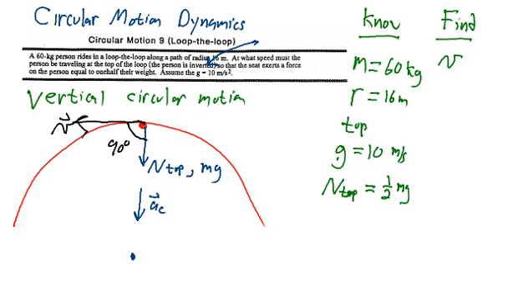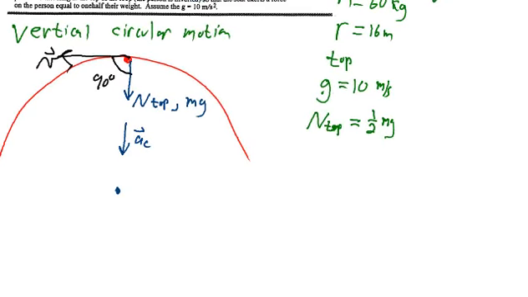Alright, so let's go ahead and try to apply Newton's second law and some of the information that we know about circular motion dynamics in order to figure out what the speed is of the ride so that the condition happens that we were asked to find. So the normal force at the top is equal to 1/2 of the weight. Alright, so I'll write down Newton's second law, that the acceleration is equal to the net force divided by the mass.